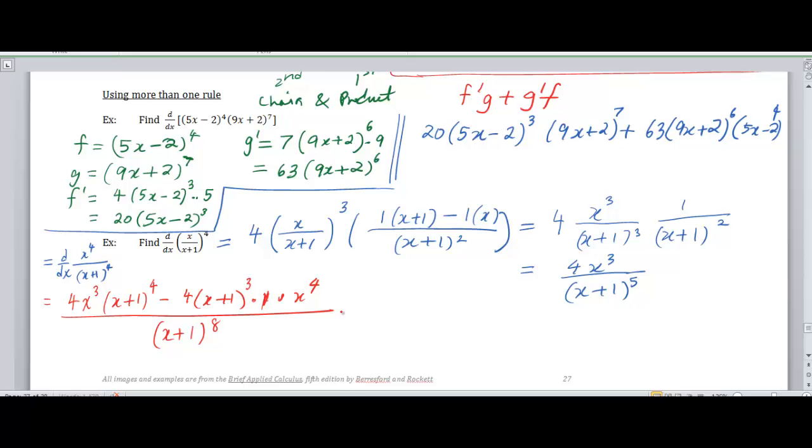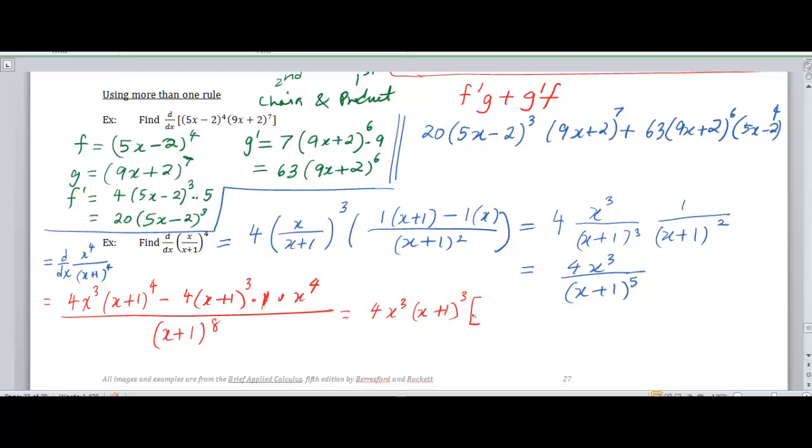So now we can combine like terms. So let's see, we get 4x cubed here and 4x to the 4th here. So what can I pull out? Let's see, I can factor out a 4 and an x to the 3rd and an x plus 1 to the 3rd.